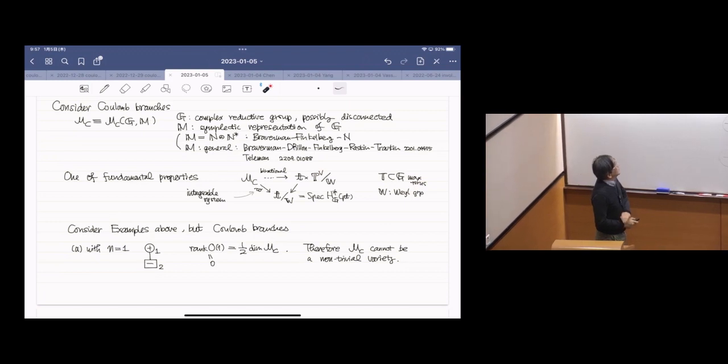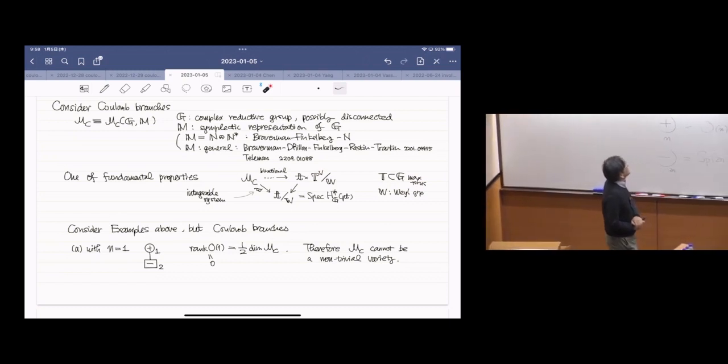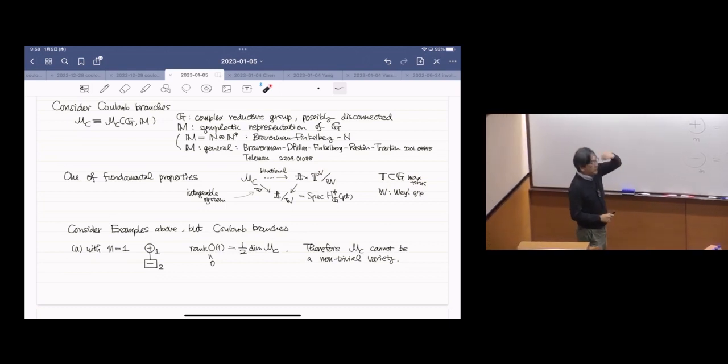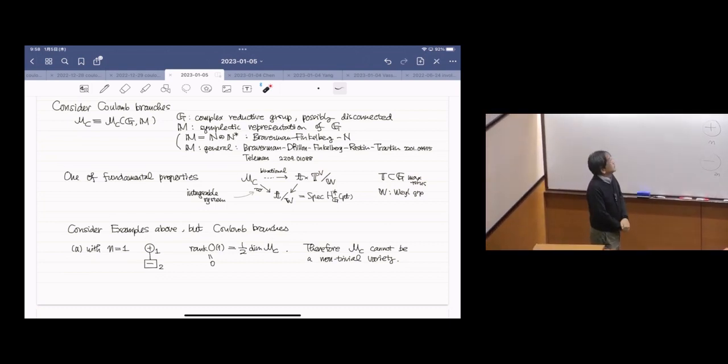Because this is birational and this is a commutative diagram, the generic fiber of this integrable system is T check. Also, if you pull back functions from T mod W, those functions are Poisson commuting. That is the definition of integrable system in the sense of Liouville. Please keep these properties in mind.